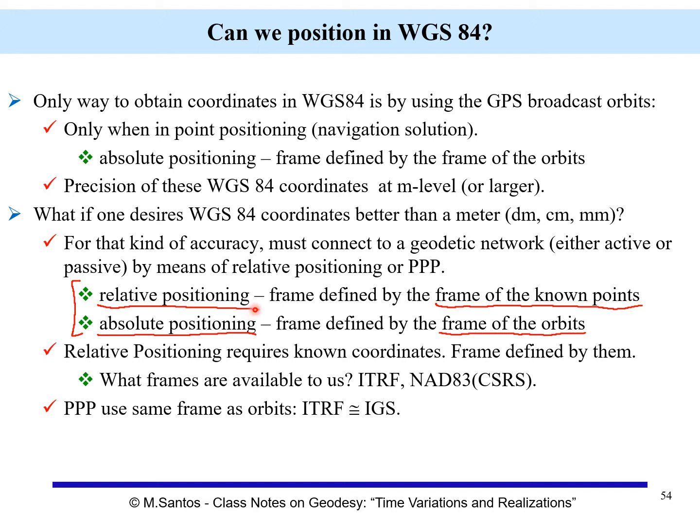We should understand that what the lazy guys who wrote this software mean is that the coordinates are in a geocentric coordinate system. Okay, it's compatible. So it's actually going to be whatever we are doing in the sense of relative positioning, the frame of the known points.